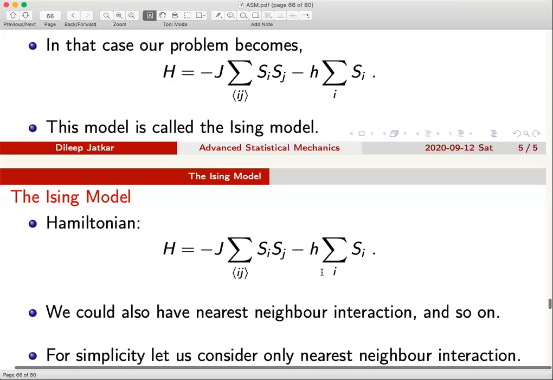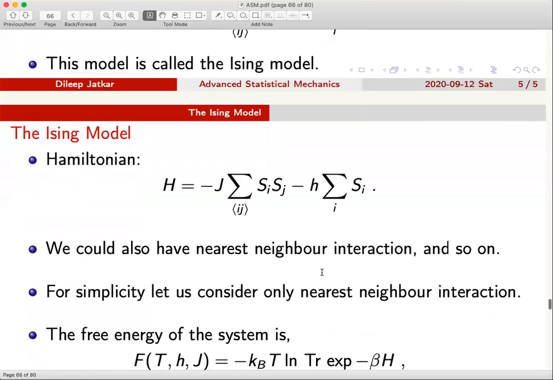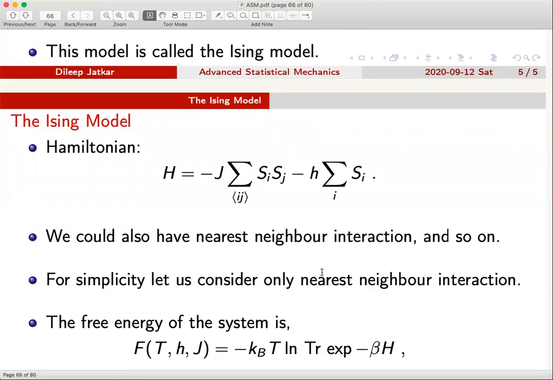Okay, good. So another thing we could have in these kinds of models is another term like J prime Si Sj, where J prime is not a nearest neighbor, but a next nearest neighbor. Even those kinds of Ising models have been studied. Of course, if you are studying a model which has the next nearest neighbor interaction, it is natural to assume that it also has nearest neighbor interaction.